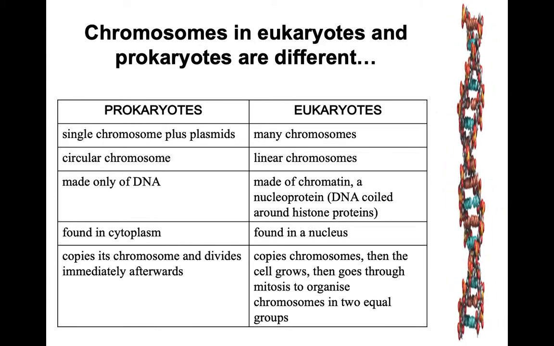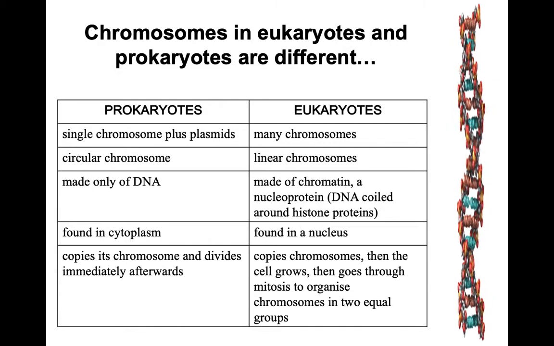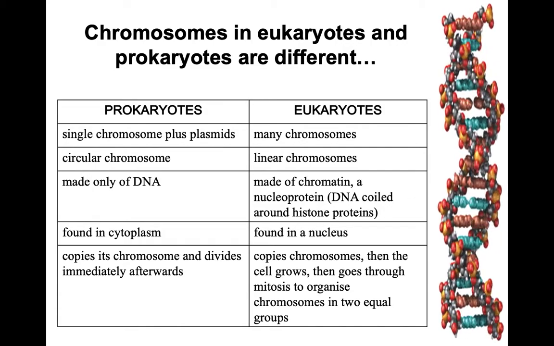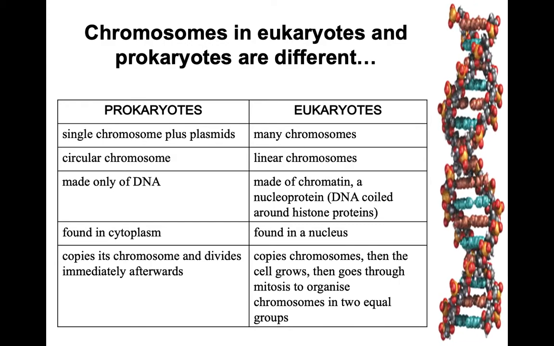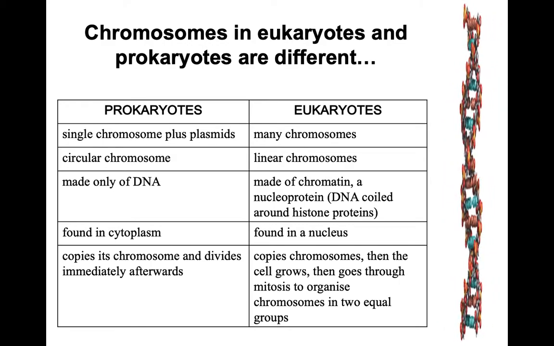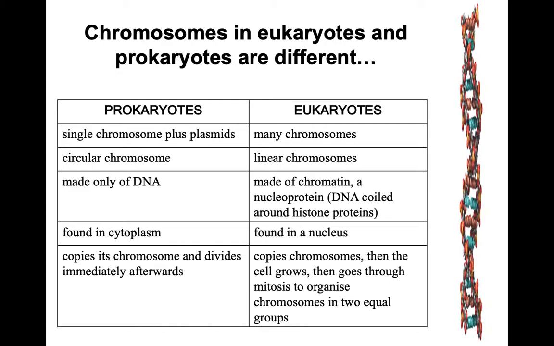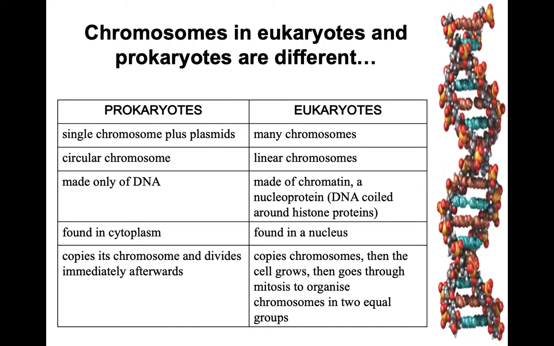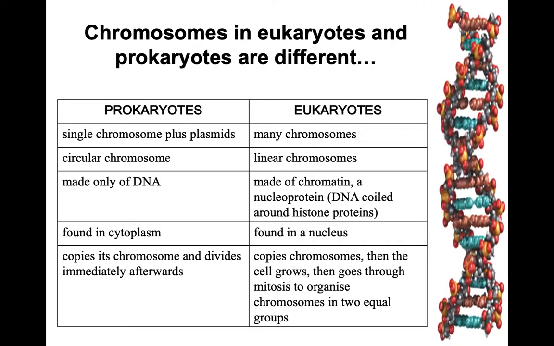May proteins na kasama. Prokaryotes do not have a nucleus, therefore their DNA material is just suspended in their cytoplasm. While for eukaryotes, we have our nucleus, so our chromosomes are embedded in the nucleoplasm.